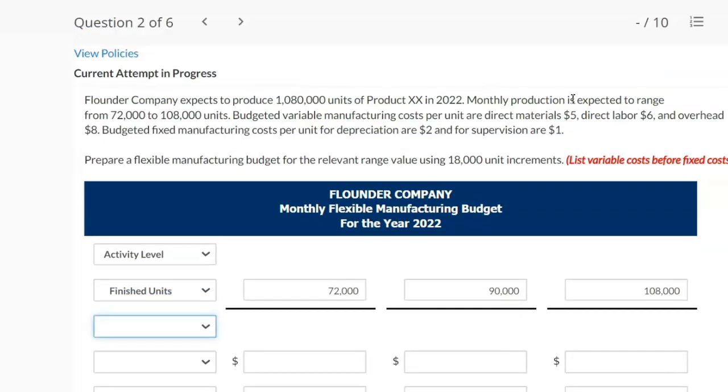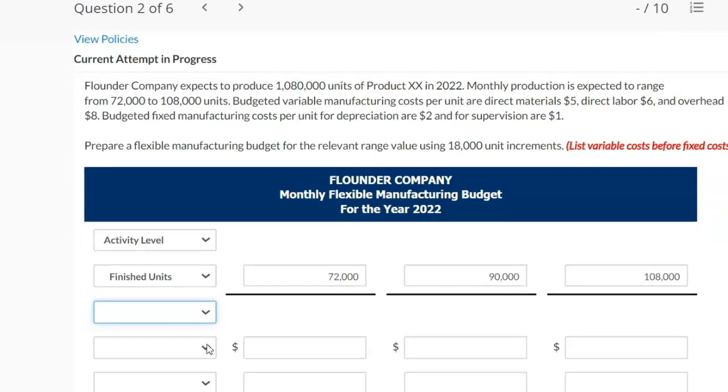Now, direct material. You want variable costs first, then direct material. Put variable cost, direct material in that box. Now you take the units times the unit cost.